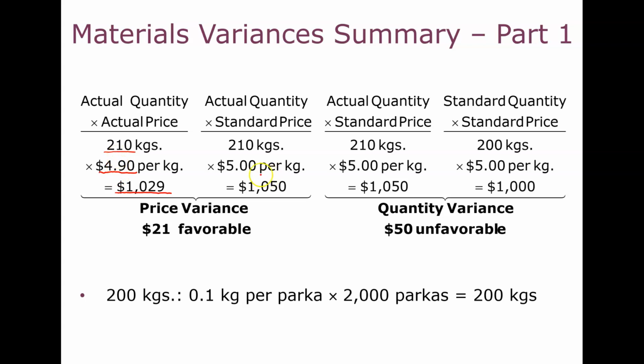But if you come over here, we budgeted $5. So with what we did actually use, 210 times our budgeted amount, we should have spent $1,050. We spent less than that. We have a $21 favorable variance.